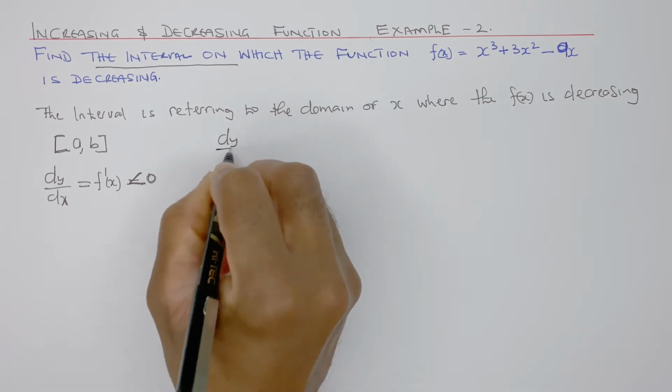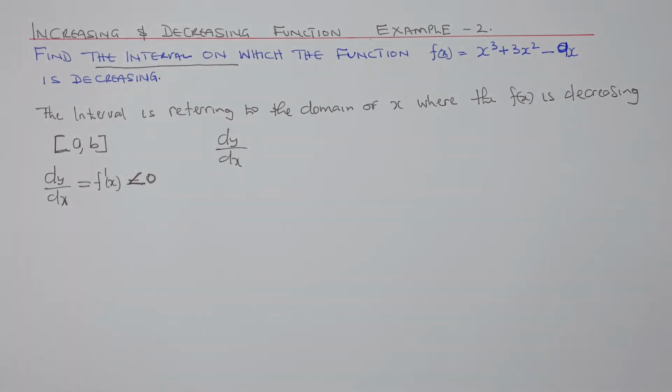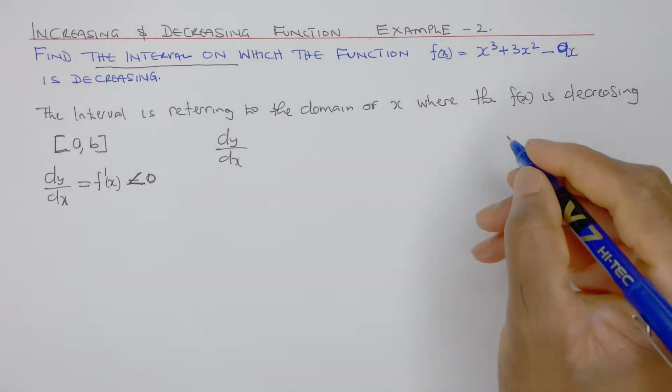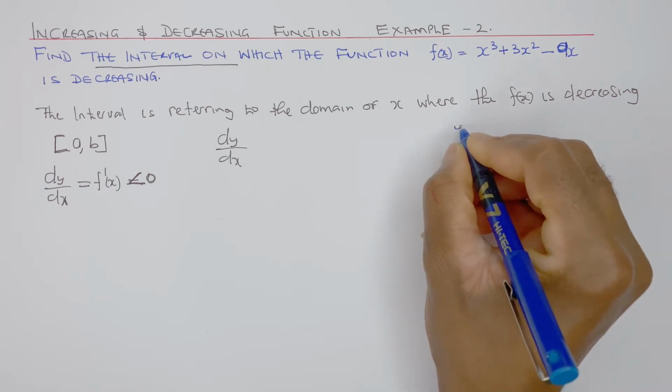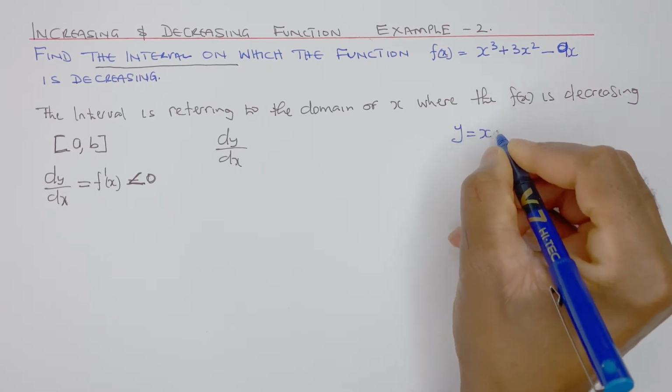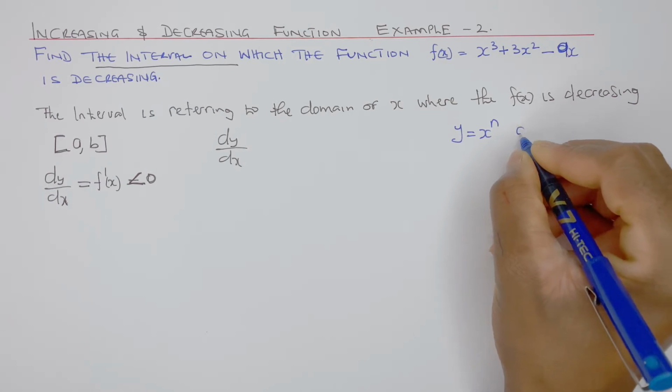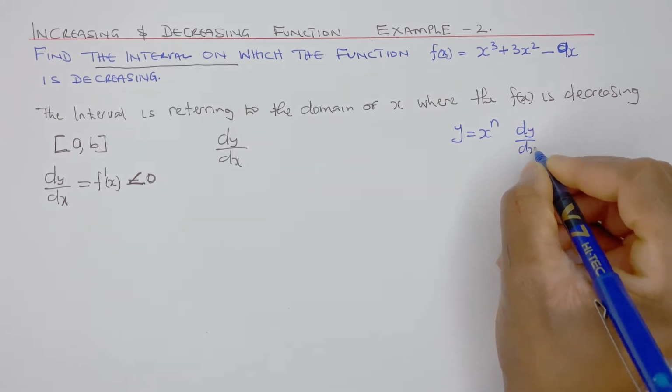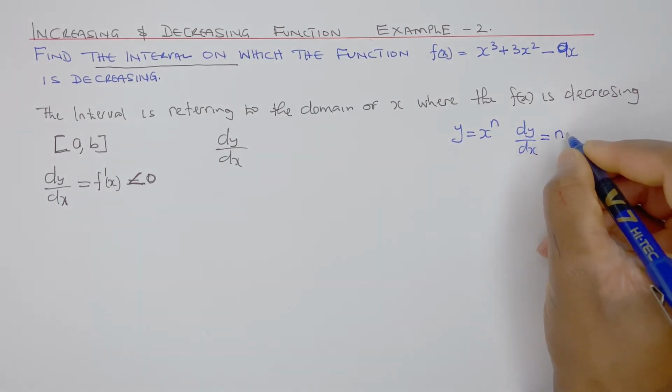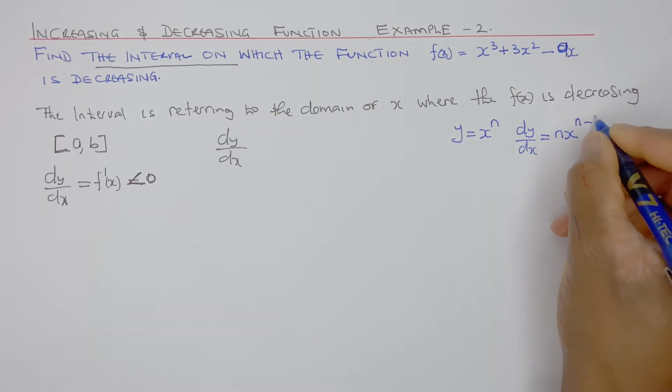So dy/dx, if you're differentiating, your function has to be in the form y equals x to the power of n, then dy/dx will be n x to the power n minus 1.